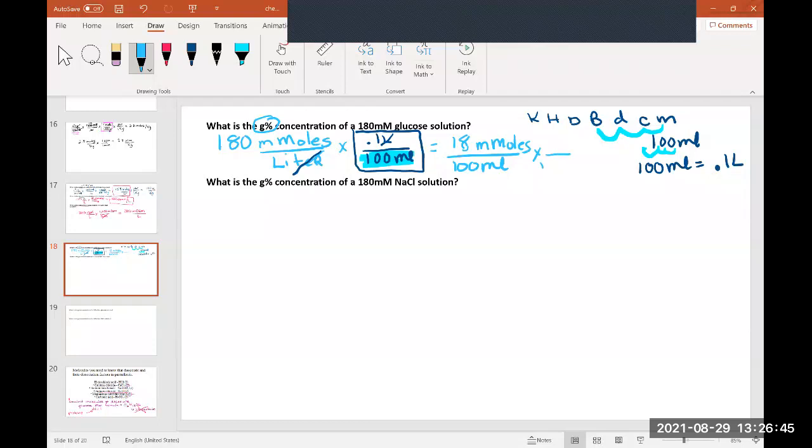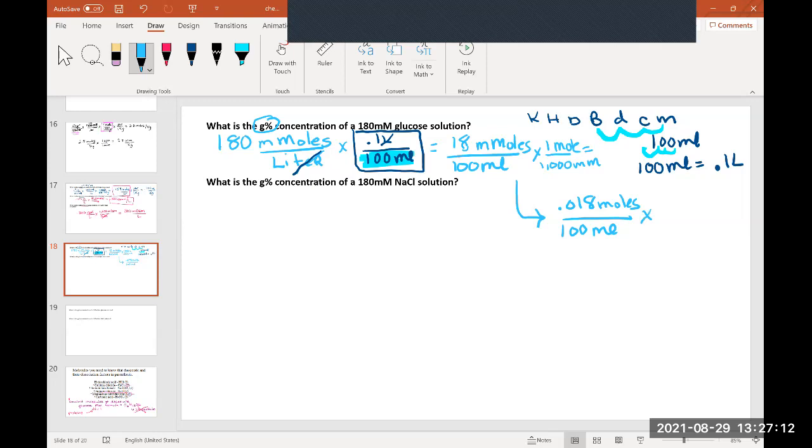Well, there are 1,000 millimoles in 1 mole. And that means I have 0.018 moles per 100 milliliters of solution.